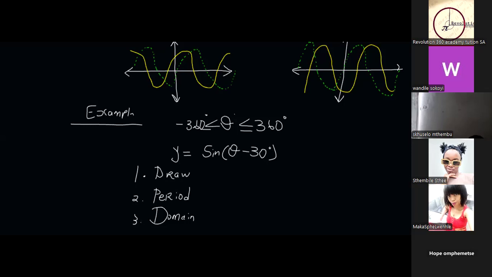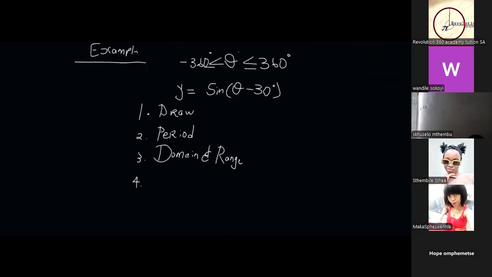On number four, you must find the x and y intercepts. Then after the x and y intercepts, lastly, they want the maximum and minimum turning points.